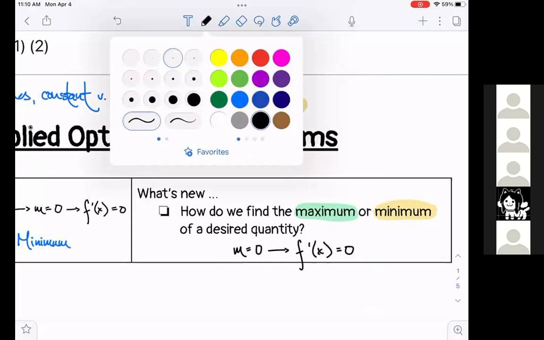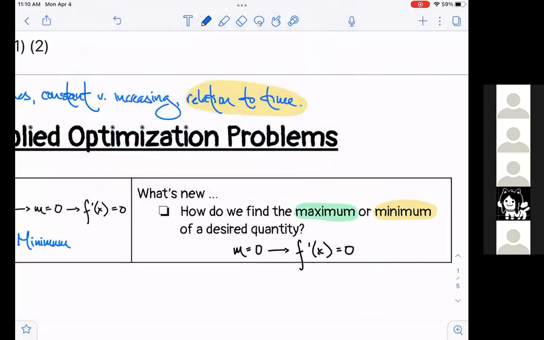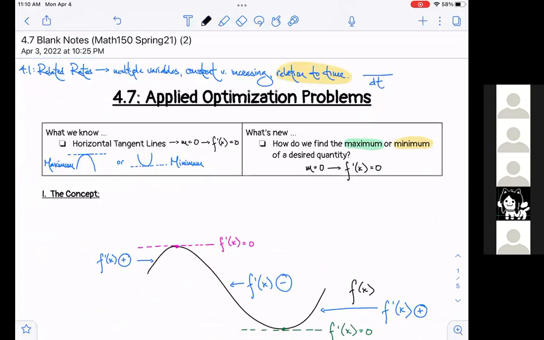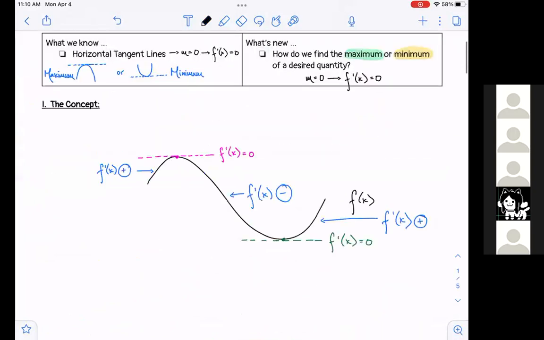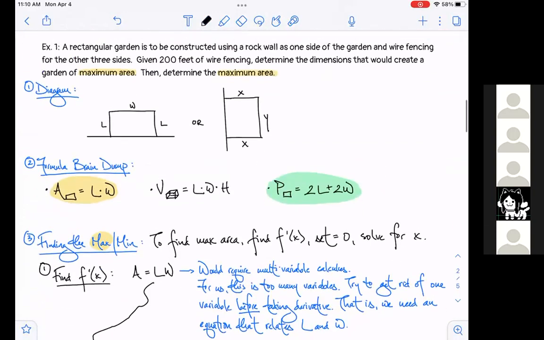All right, something in the word problem should say something with respect to time. Something is changing over time. And when we say something is changing over time, that's why we always have the dt in the bottom. Okay. So related rates, we should see things about time, but when we're looking at applied optimization, we're going to see a lot of words like maximum or minimum, things like that. Okay.